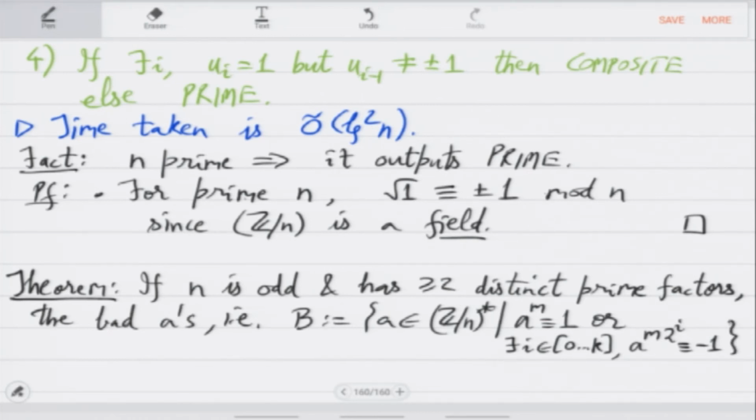Okay, so this is the set B. The bad a's: either all the ui's are 1 or the sequence of ui's has somewhere a minus 1. Then the algorithm will say prime, although n is not prime.